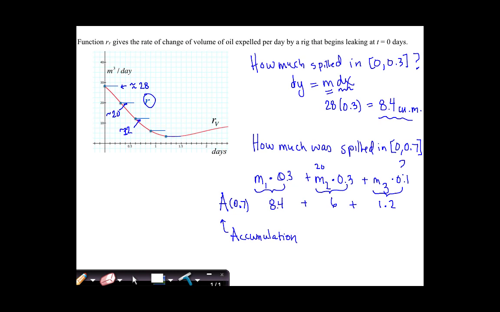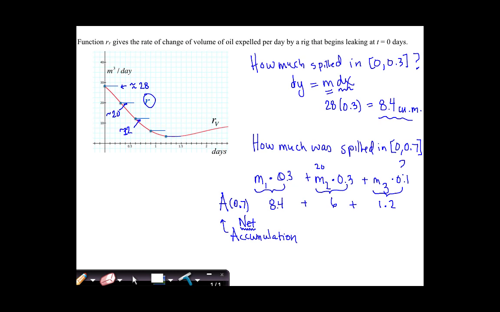To emphasize that it's starting from 0, not just in this case where the oil spill just started, so obviously we're starting from 0, I'm going to refer to this as net accumulation. This big capital A stands for net accumulation, meaning just talk about what you can determine from the rate itself. Don't worry about what might have happened before in terms of your computations.